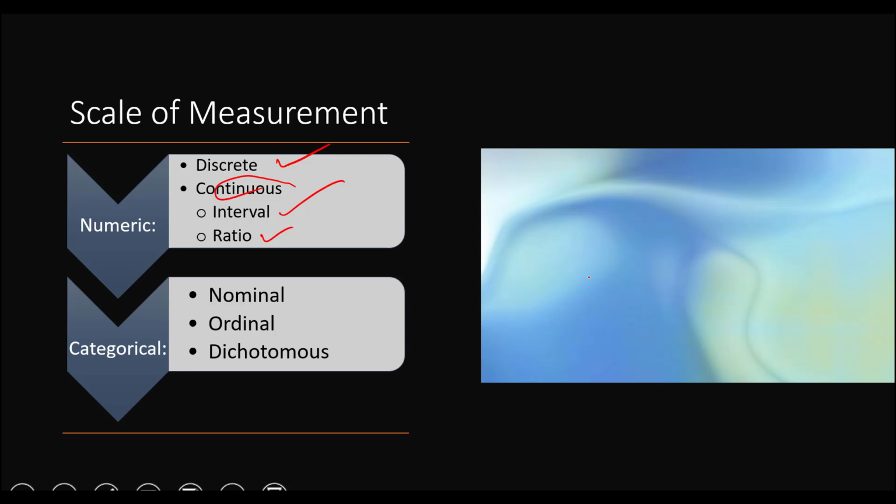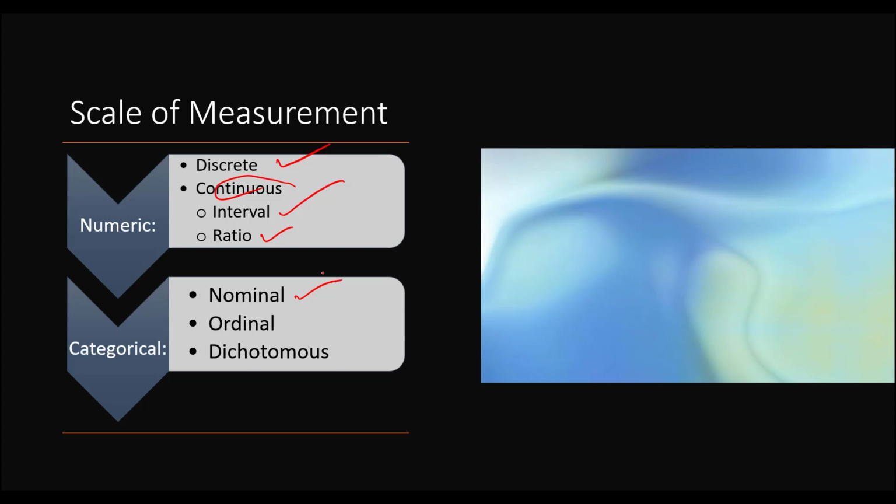Categorical variables are qualitative variables that can be put in groups or categories. They can be further categorized as either nominal, ordinal, or dichotomous. Nominal variables are variables that have two or more categories, but they do not have any intrinsic order to them. Examples of nominal data include race and color.